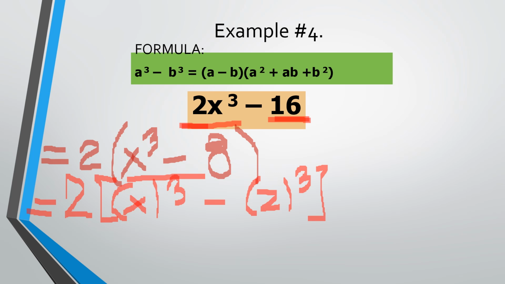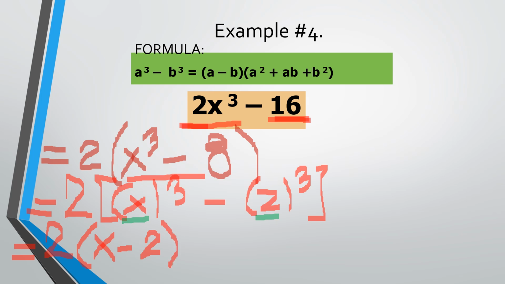Now after that one, this will be our A and our B. Now, do not forget to copy the GCF, which is 2. After that one, apply now the rule. A minus B, we have x minus 2. Close it.